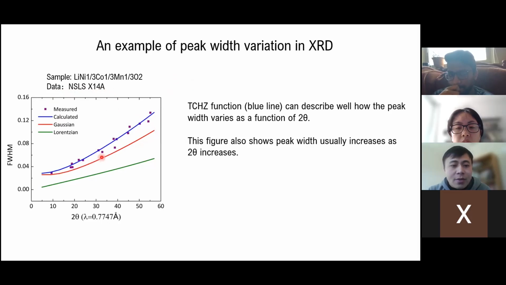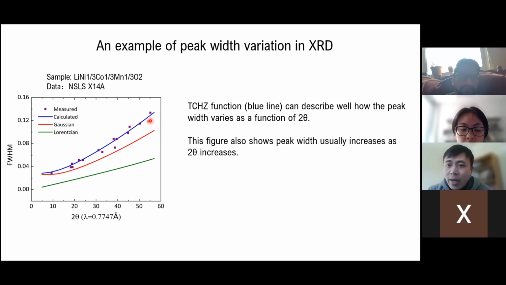So we see there are some deviations, but clearly the general trend is that as the 2 theta increases, the peak width increases, right? So this is a general trend, and this trend is valid for most of the X-ray diffraction data that we will see.